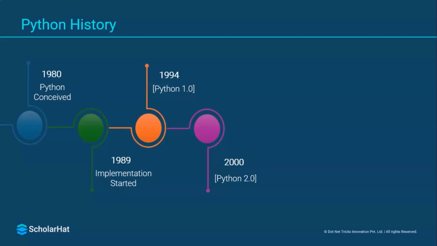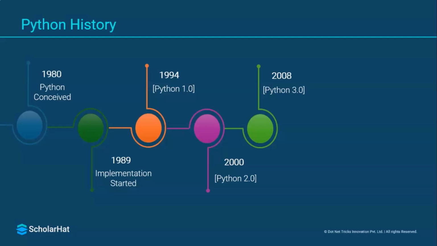Python 2.0 series remained in active use for many years and was a major milestone. Then in December 2008, Python 3.0 was released, and it was a major overhaul aimed at fixing fundamental design flaws in Python 2.0.